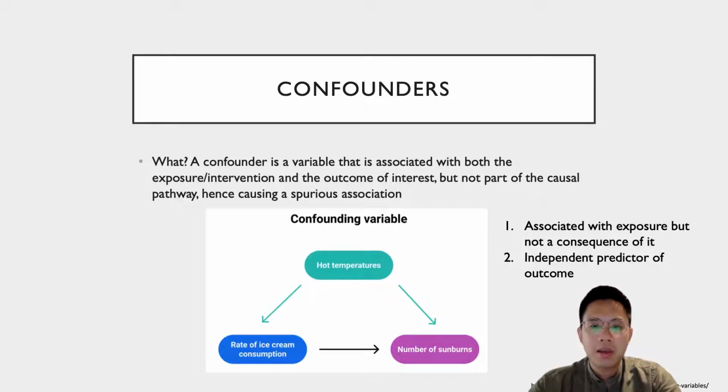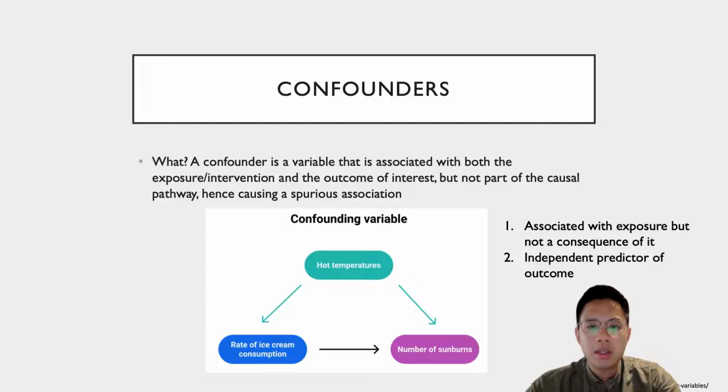So let's take a look at this example. In this example, the confounding variable is hot temperature. And what we see is this spurious association between the rate of ice cream consumption and the number of sunburns, which is the outcome of interest.